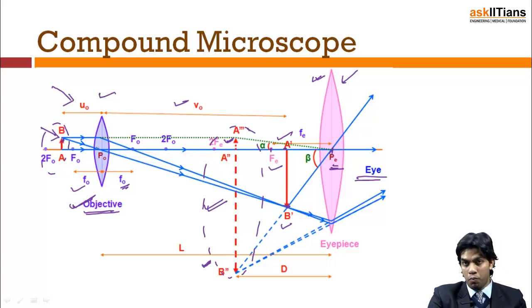The position of that image lies between the pole and the focus of the eyepiece, such that the final image we get is an enlarged virtual image. So that's what the compound microscope does in a nutshell.